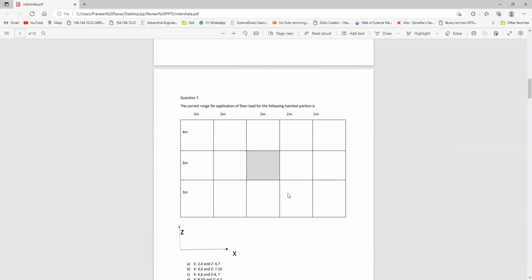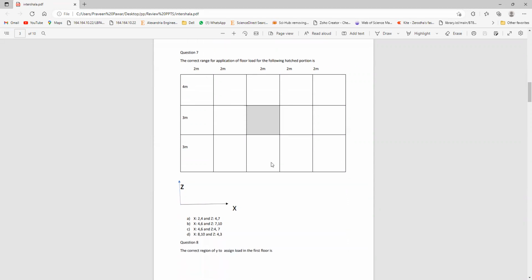Now coming to the seventh question: the correct range for application of floor load for the following hatched portion is. In this given plan, the hatched portion is here, and again we need to find the coordinates for X and Z. The X coordinate is 2 plus 2, which is 4, and 4 and 6.